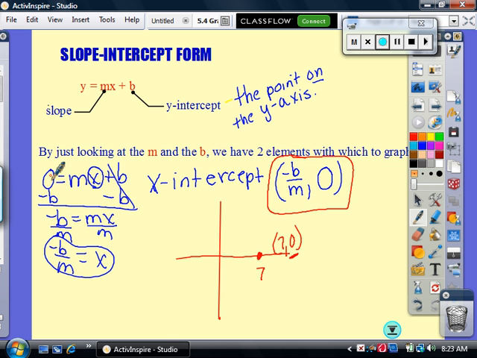Alright, what about a point on the y-axis? What's its ordered pair? 0, whatever that number is. So if I'm looking for the y-intercept, I can plug in 0 for the x. So think about it this way: whatever intercept I'm looking for, I can plug in 0 for the other variable and find it pretty easily. Now slope, you can't really do that, but it's pretty easy to look in front of x and find the slope.